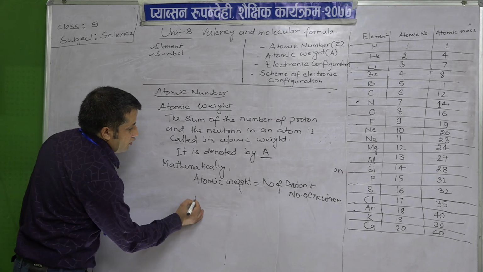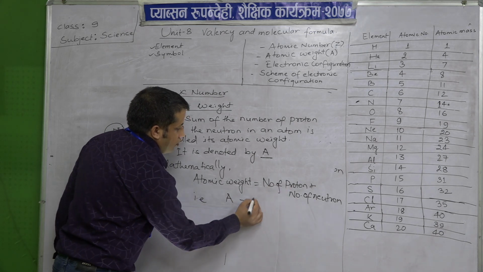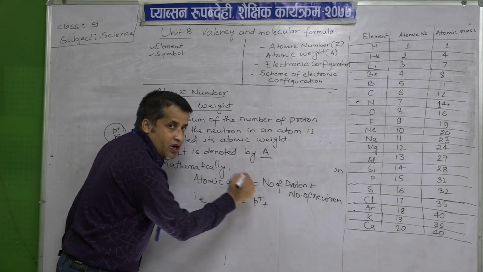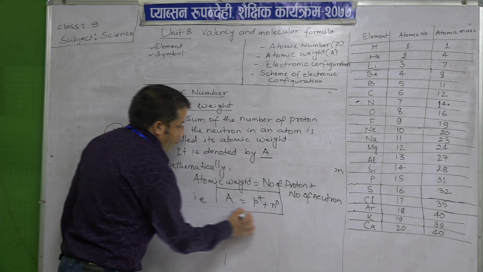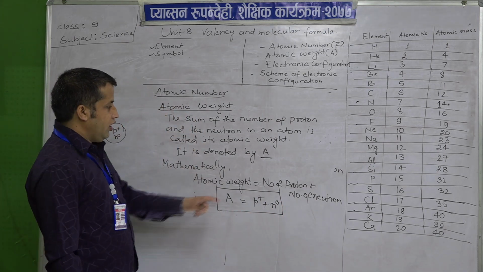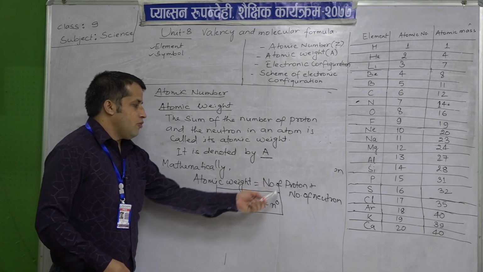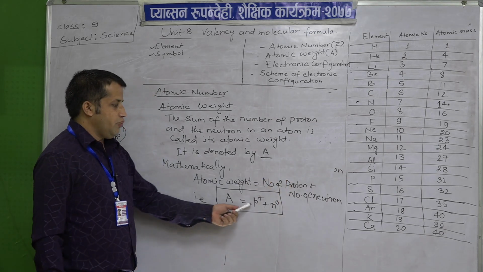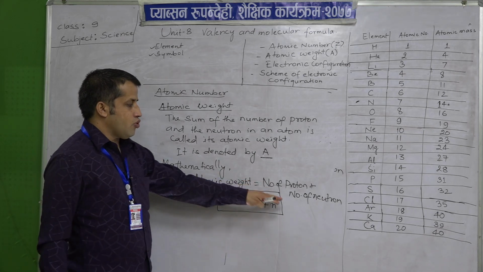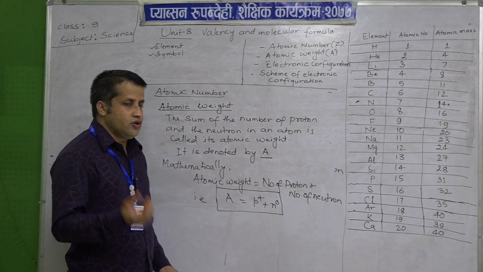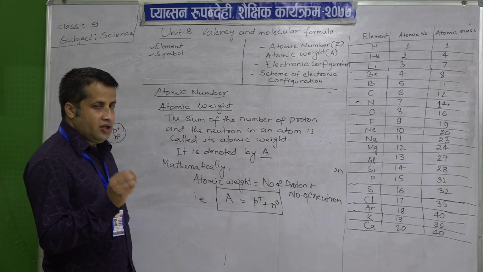That is, A, the symbol of atomic weight, is the number of protons, that is P+, and the number of neutrons, that is N0. So, the atomic weight of an element is given by the formula A = P+ + N0. It is the sum of the number of protons and number of neutrons, and I have already told why electron mass is neglected, being very less.